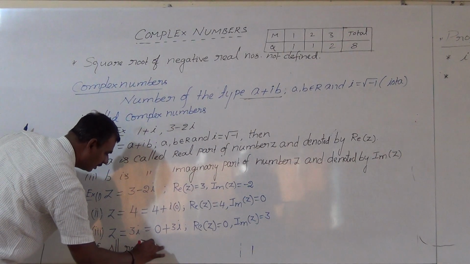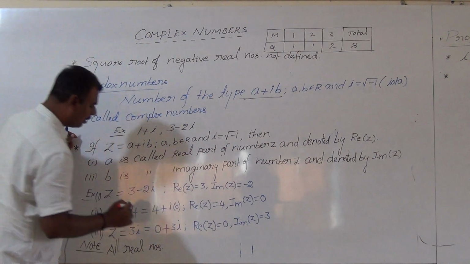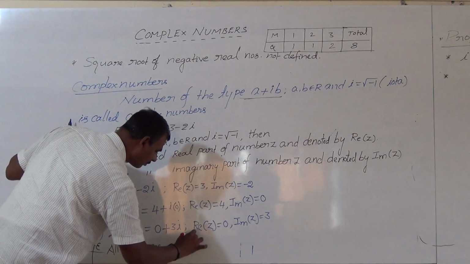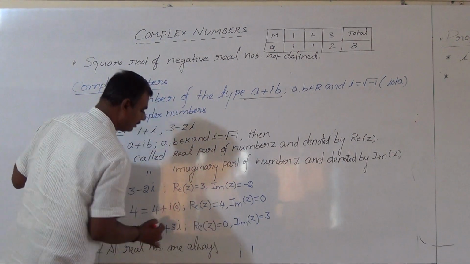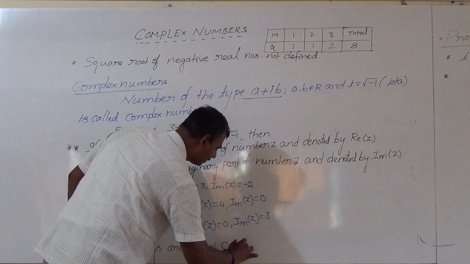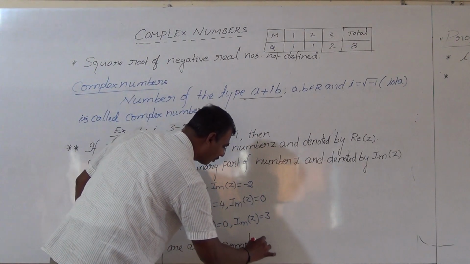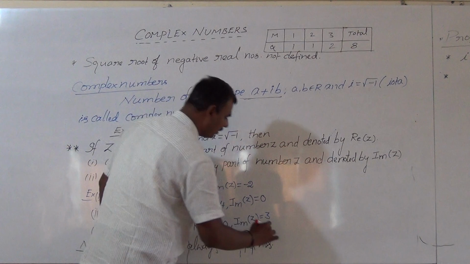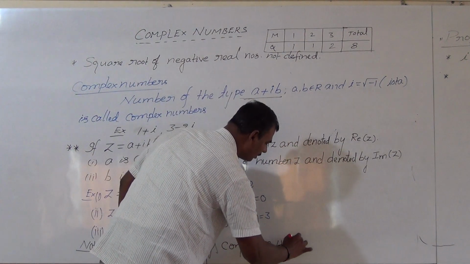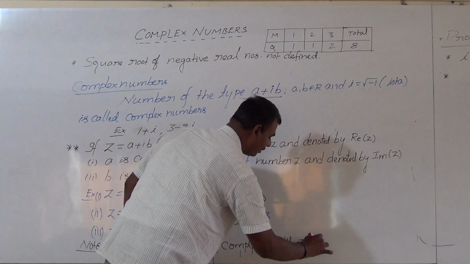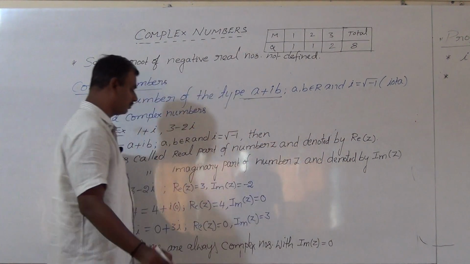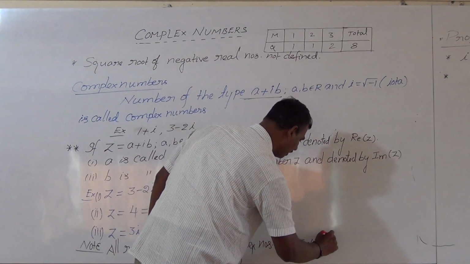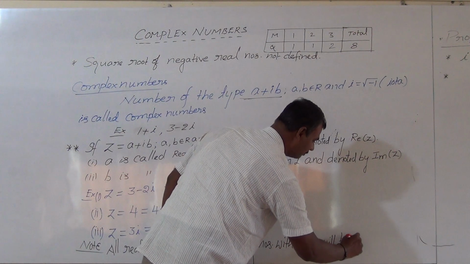All real numbers are always complex numbers with imaginary part of z equal to 0.